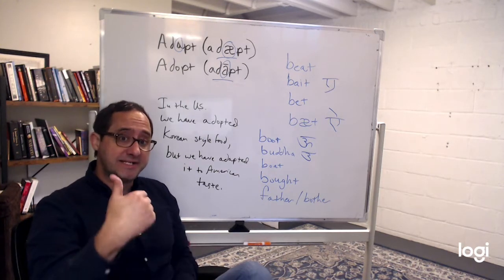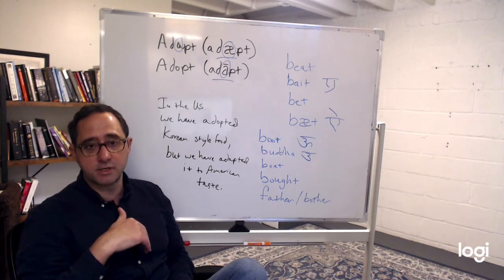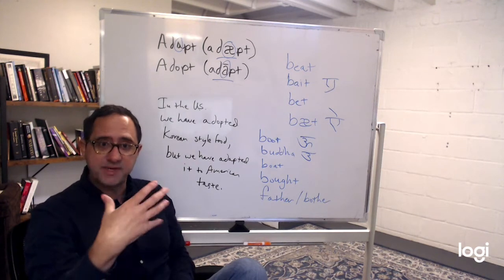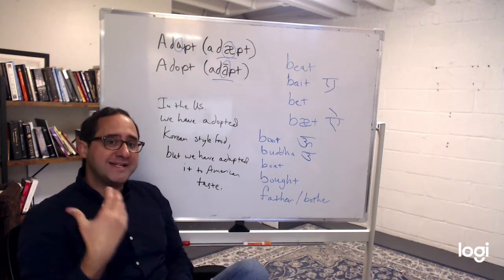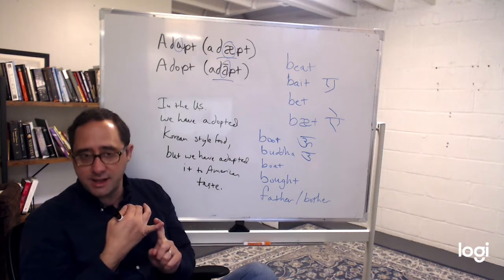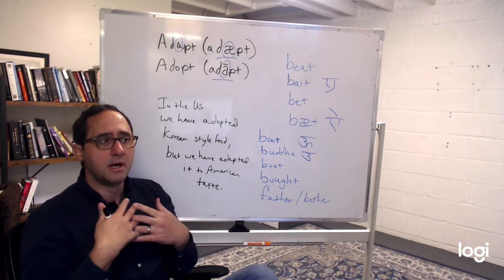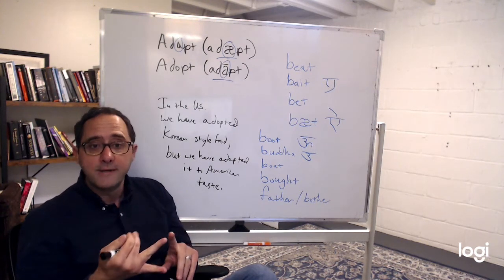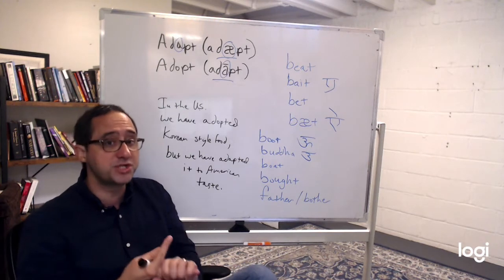India has adopted the American food of hamburgers and cheeseburgers. Right? They have adopted it. It didn't come from India, but they have adapted it to Indian tastes. It's halal, maybe, to make sure that Muslims aren't eating bad meat, or it is vegetarian to fit Indian tastes, or there's more chicken in it.